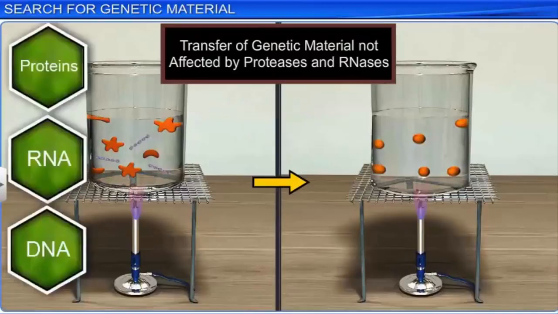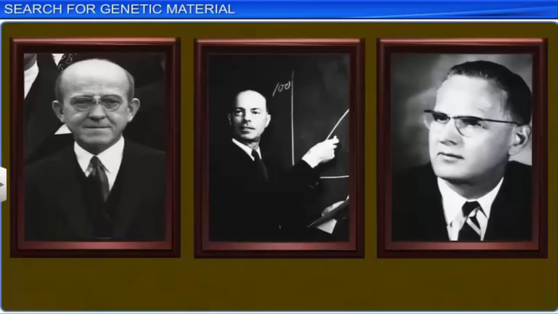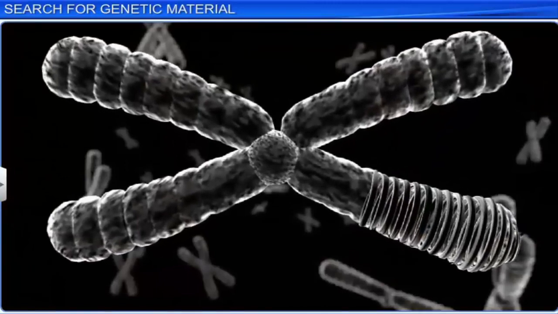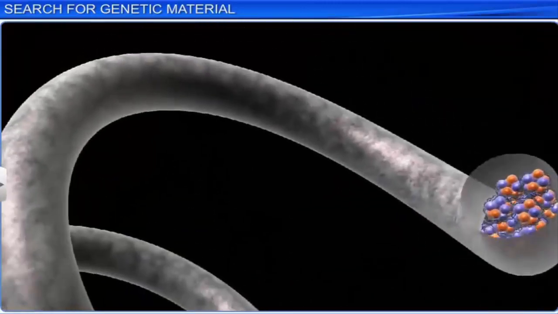This led to the conclusion that proteins or RNA were not transforming substances and implied that DNA was the cause for the transformation. Thus, through their experiments, Oswald Avery, Colin MacLeod, and Maclyn McCarty concluded that DNA is the hereditary material in most living organisms.